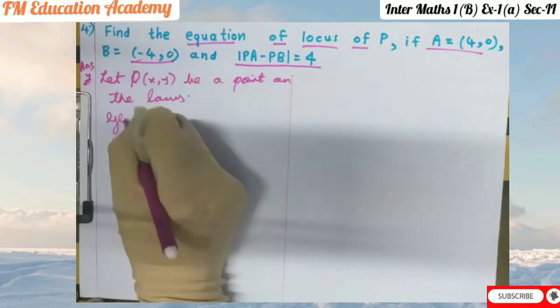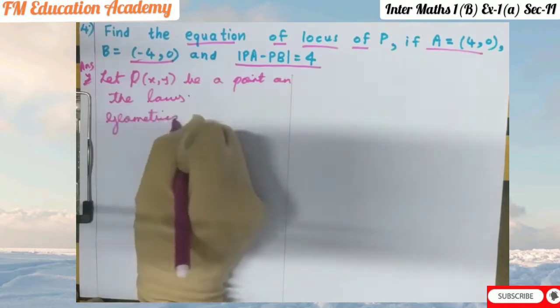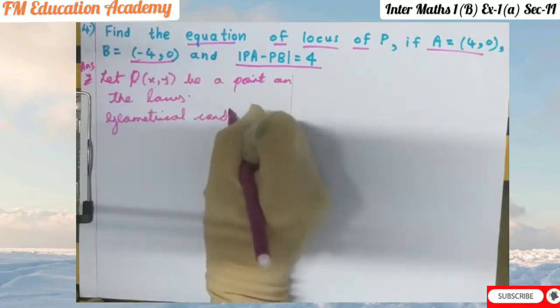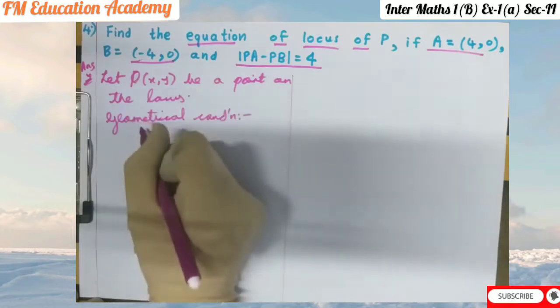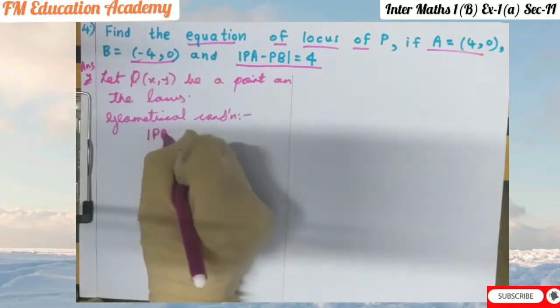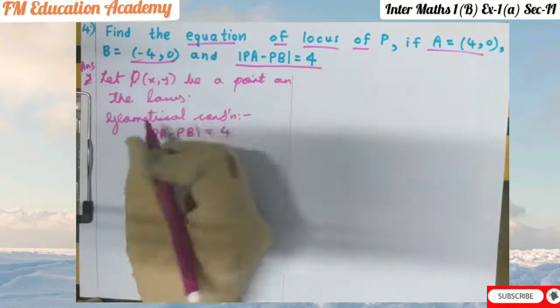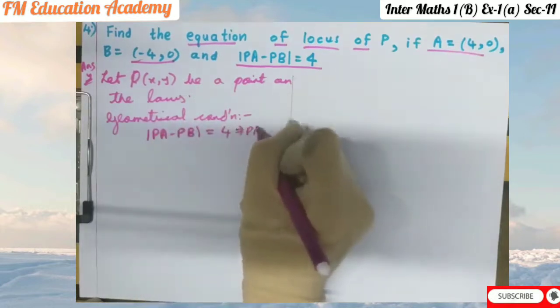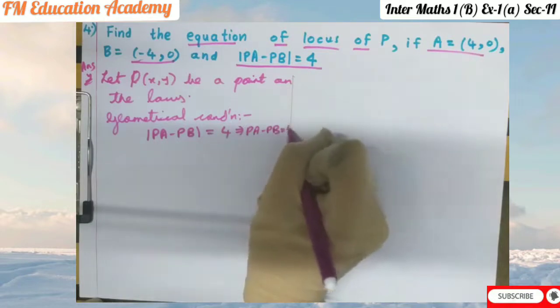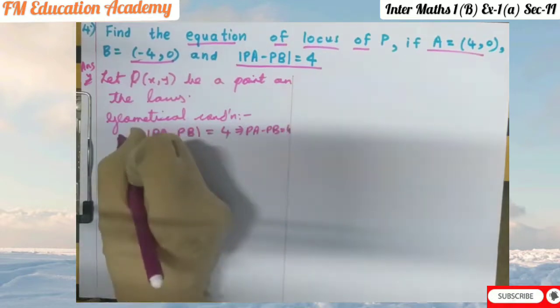Then the geometrical condition to be satisfied by P is mod PA minus PB equals 4. We'll take this mod outside, so it becomes PA minus PB is equal to 4. This is the condition given to us, equation 1.